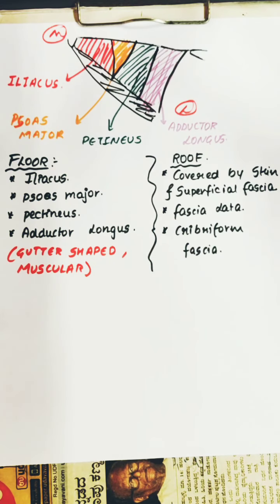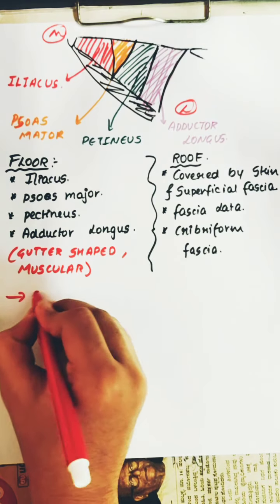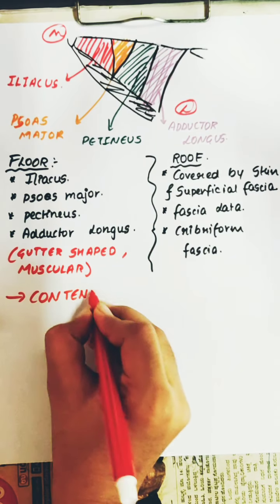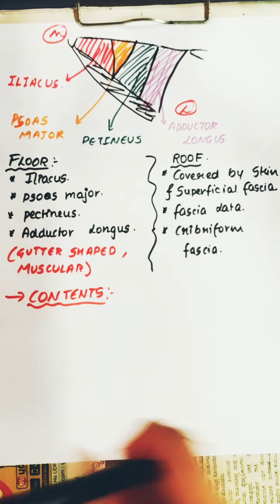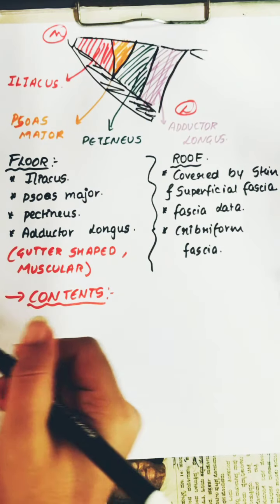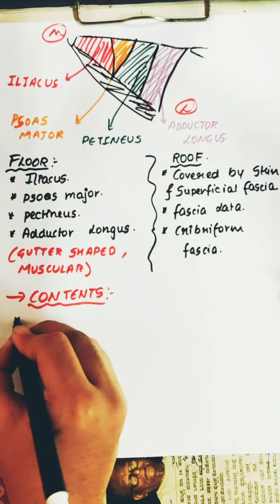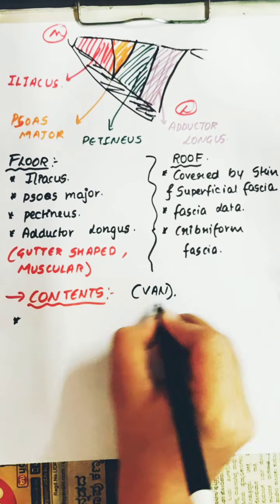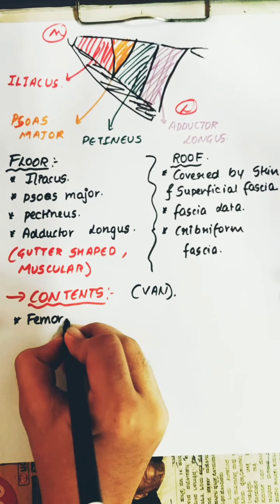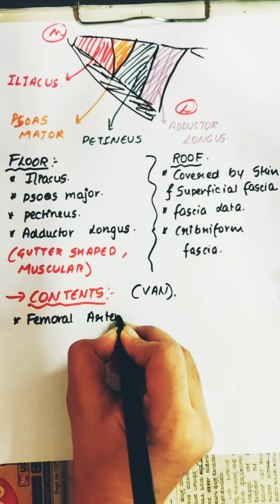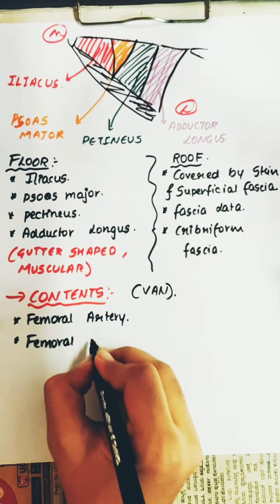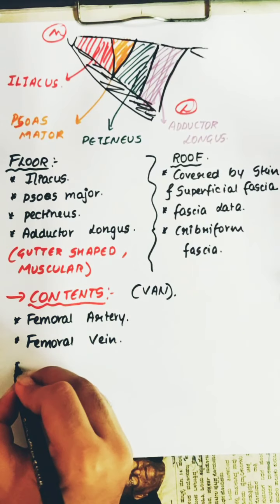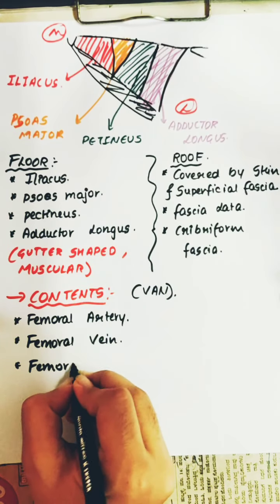Next, we'll move on towards the contents. What is it having? It has the femoral artery and its branches, femoral vein, and femoral nerve.